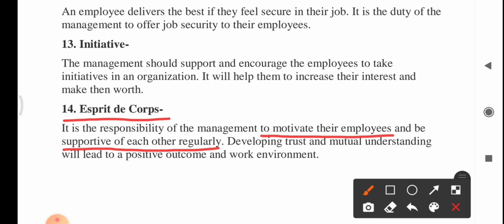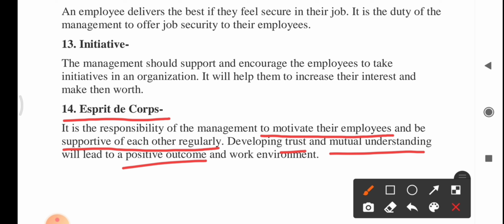When the management motivates and supports the employees, there will be trust and mutual understanding, and this will lead to a positive outcome and work environment. Is it clear? So these are the 14 principles of public administration.